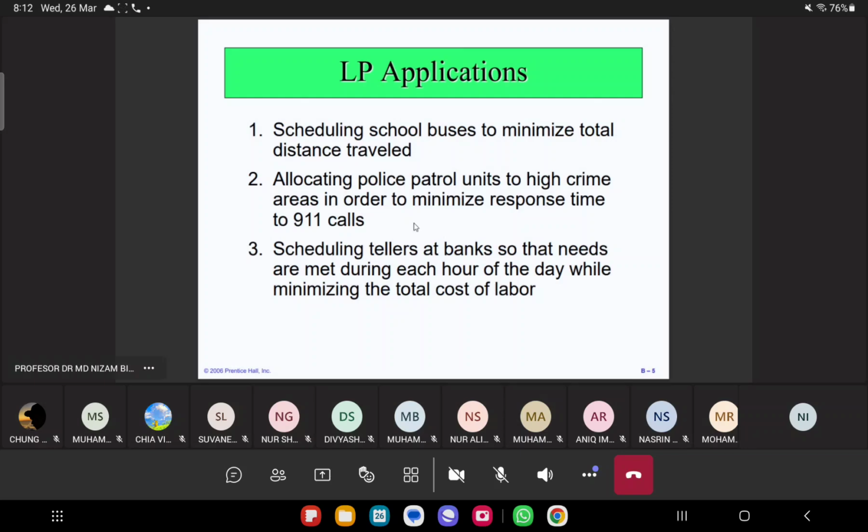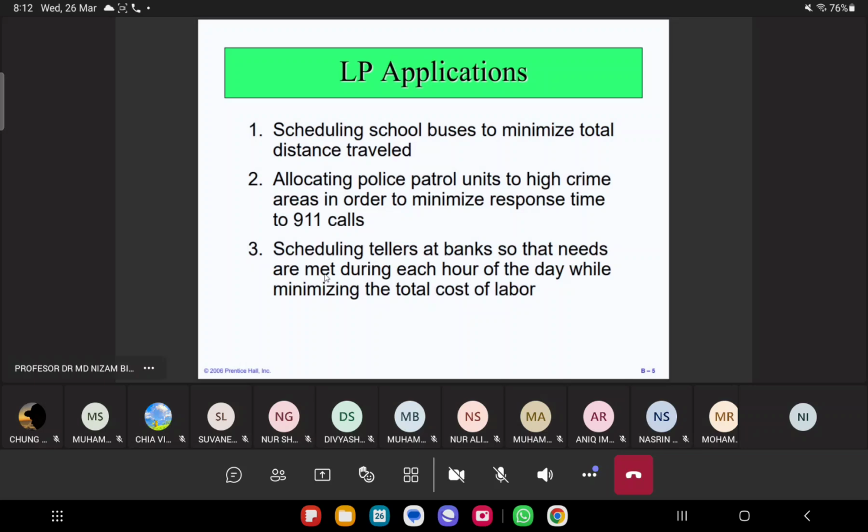If you run a police department and you have patrol units, let's say, for example, 5 police cars, and you have to cover the area of, let's say, Durian Tunggal, you have to make decisions on where to position your police cars, such that if there is an emergency call to 911, the police patrol units can attend to that call in the minimum amount of time. So if you want to make those decisions, you can use linear programming application for that.